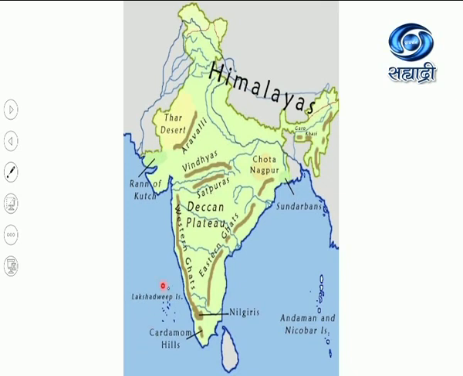So the monsoons that we are experiencing are traveling from the Indian Ocean. Now, very cold winds blow from the north, from the Tibetan Plateau. They are the cold deserts up over here. Very cold winds blowing from the north are obstructed by the Himalayas over here.